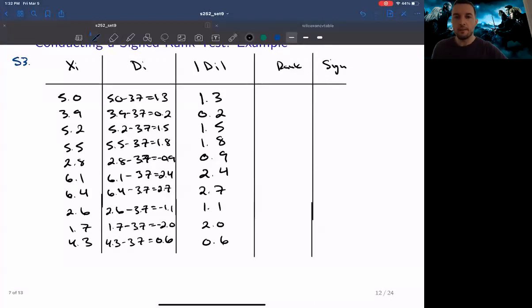Now we are going to rank these from smallest to largest, or from closest to furthest from the median: 1, 2, 3, 4, 5, 6, 7, 8, 9, 10.